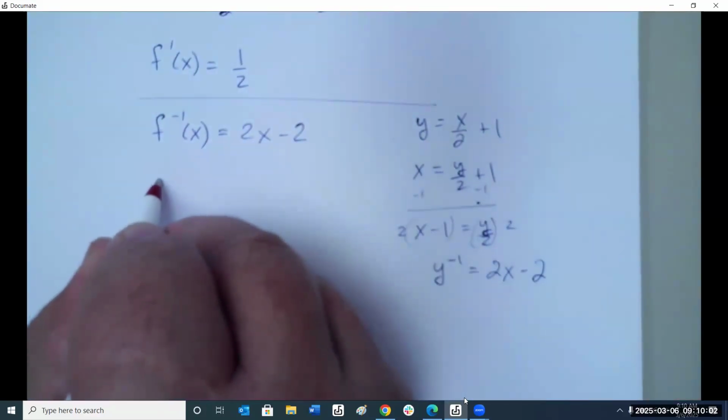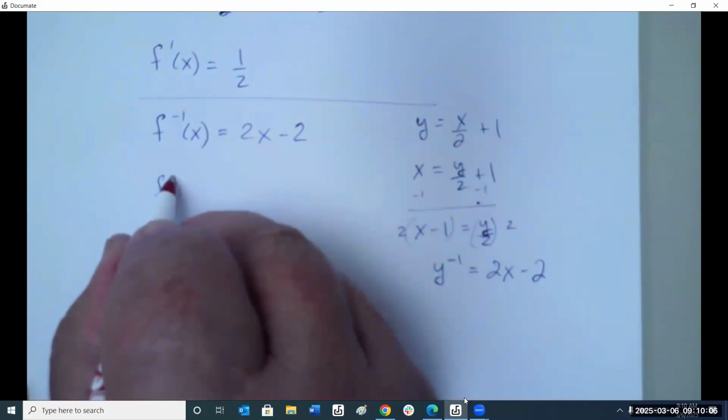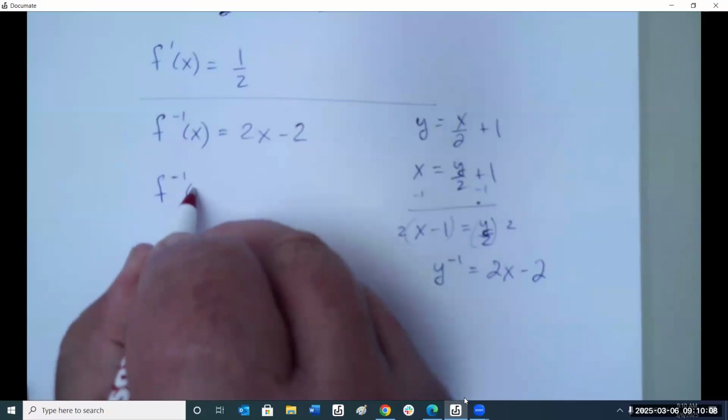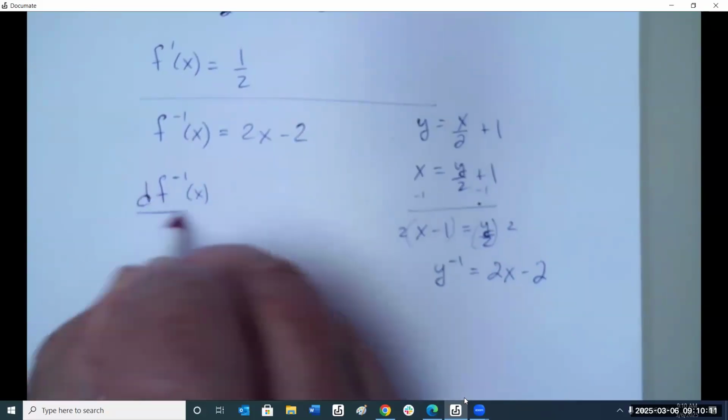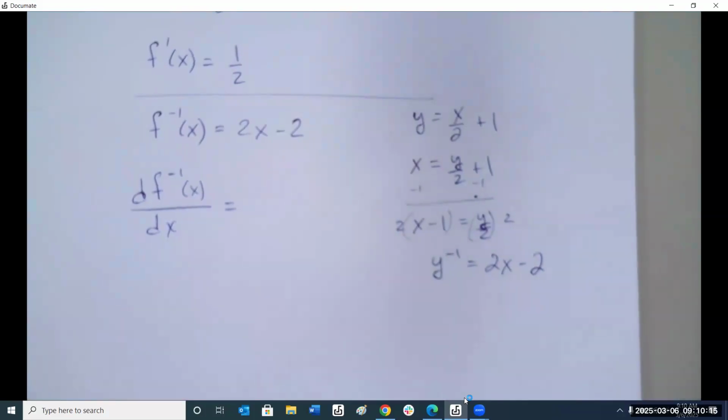What is the derivative of the inverse function? I'll put it this way, it makes it easier to read. What's the derivative of the inverse function?